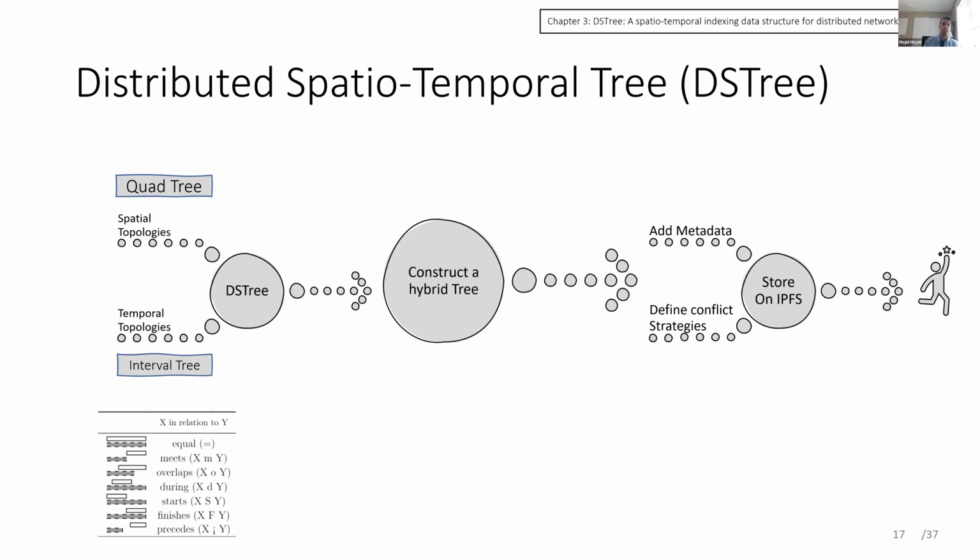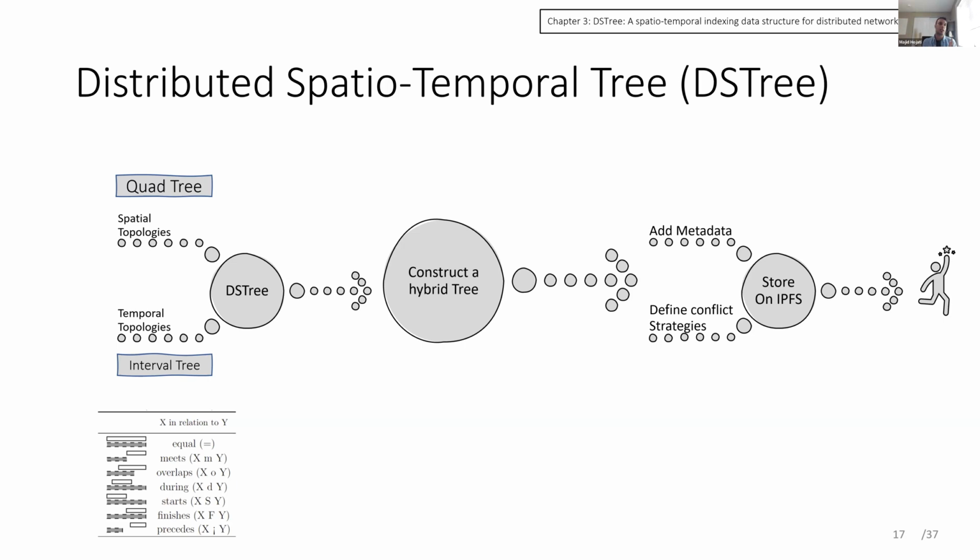However, how is this tree structure able to address a spatial temporal query? We have spatial topologies that we want to address. We can use a quad tree or any type of tree structure that addresses some of the spatial topologies. We have temporal topology as well. We see each geographical event or geographical object as having a timeline, the lifetime of that geographical object.